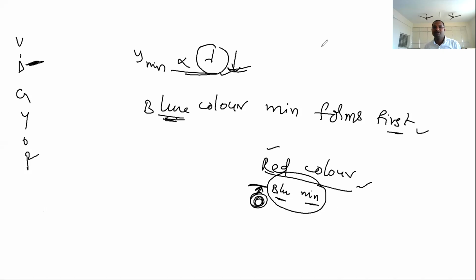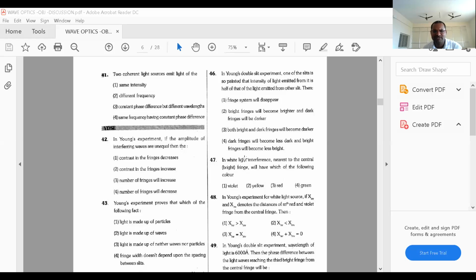Okay, don't get confused by that question. So we will go to that question. Question number 47. In white light interference nearer to the central bright fringe, which of the following colors will appear?